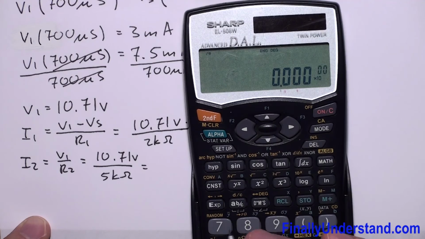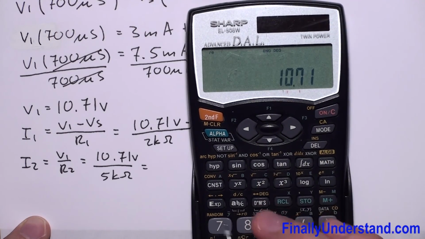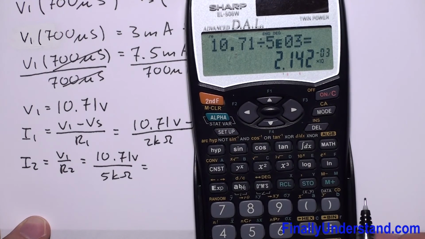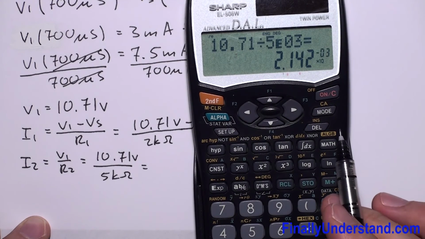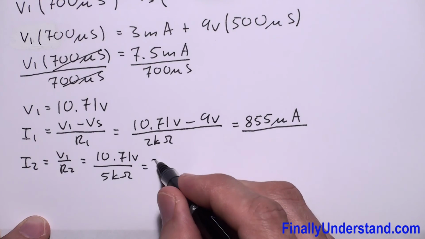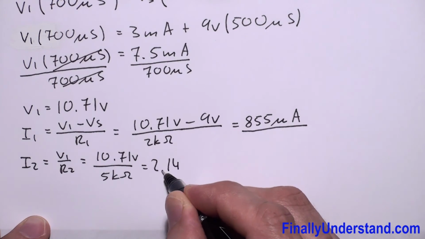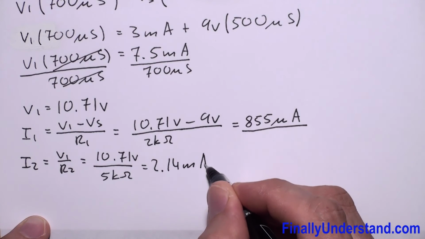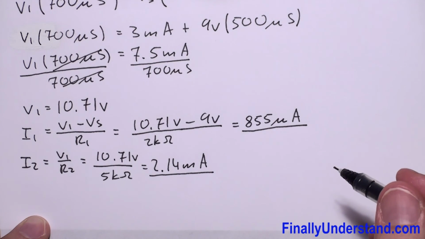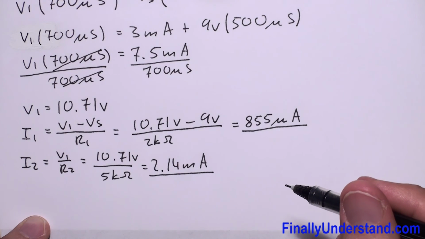So I have 10.71 divided by 5 exponent 3. This is equal to 2.14 milliamps. So this is 2.14 milliamps. This is the current which will go through the resistor R2.